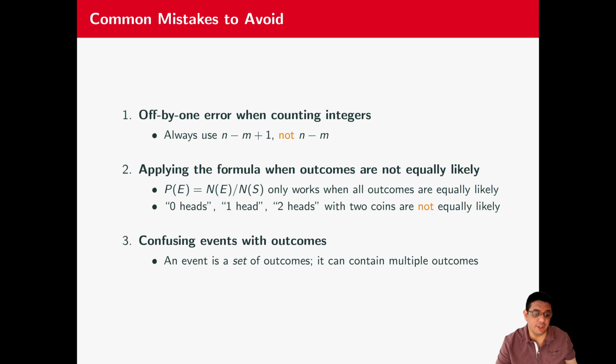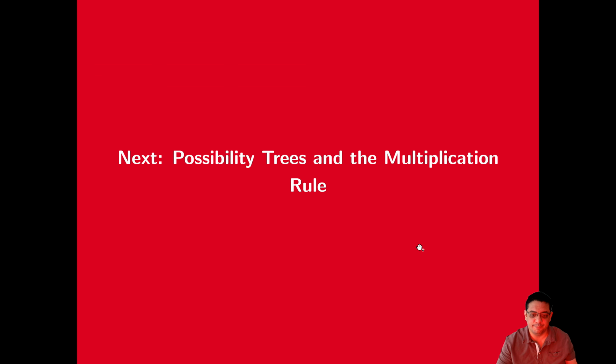It's very important not to confuse event with outcomes. An event is a set of the outcomes, and it can contain multiple outcomes, but it's not all the outcomes. That's the sample space. All right, next, let's see how to do some more probabilities with possibility trees and the multiplication rule.